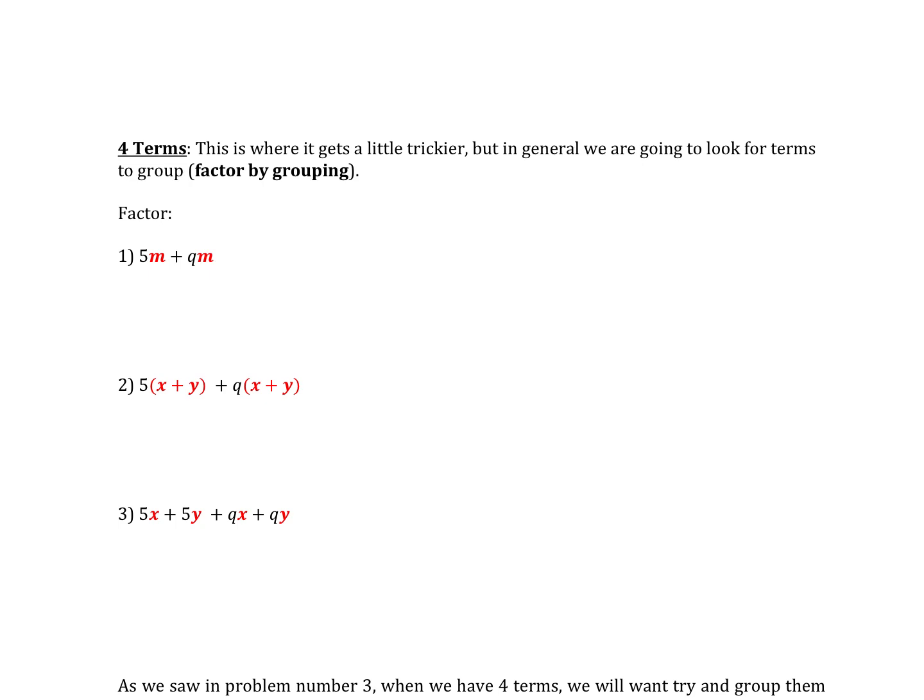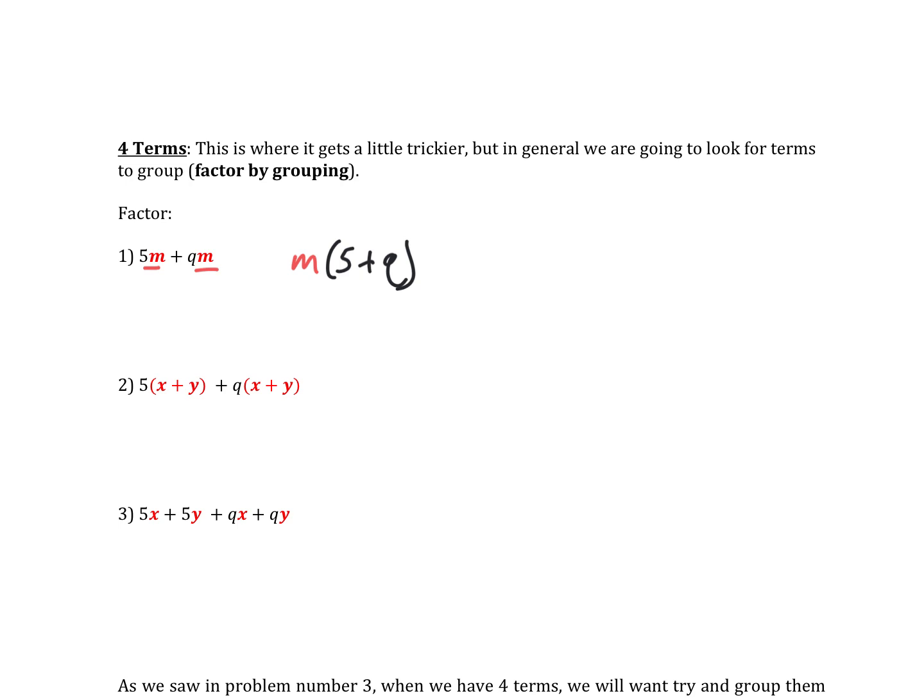So let's take a look at 5m plus qm. Notice that m, as I highlighted in colors here, is common to both terms. And if it's common to both terms, I can factor it out of both terms. So what I'm going to do is factor out an m. So I'm left with m times, what am I left with? I'm going to be left with 5 plus q. So pretty simple factoring. And again, notice it doesn't leave me with two m's, it leaves me with one m.